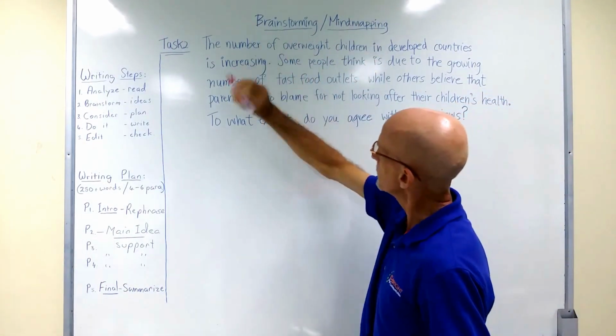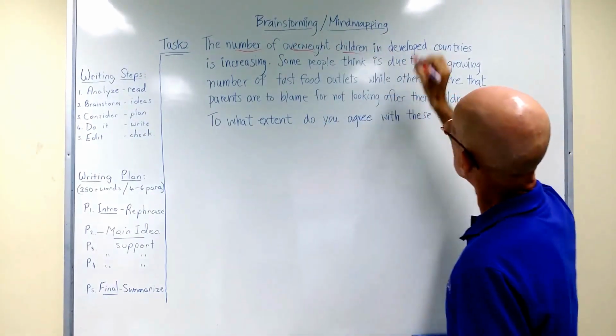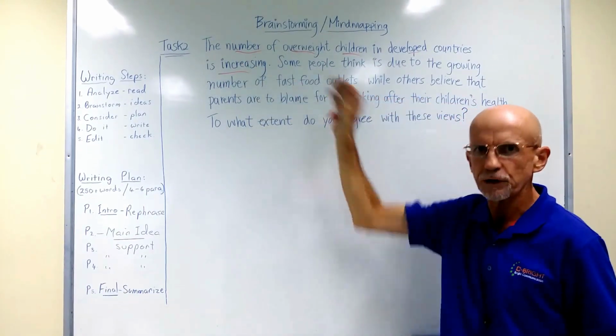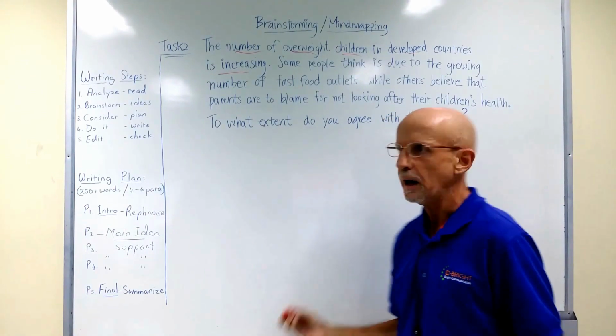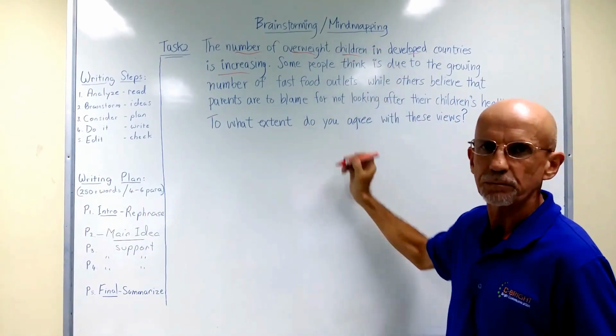So we'll look at our first sentence: the number of overweight children, maybe developed countries, increasing. And as I look at that, I want to think about how can I rephrase that, and this is a good point for me to start brainstorming and mind mapping.